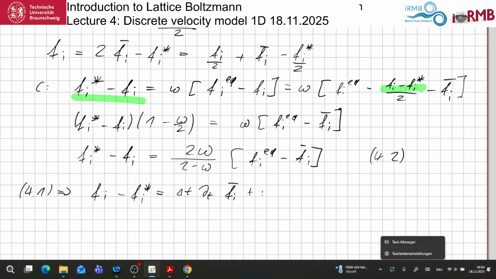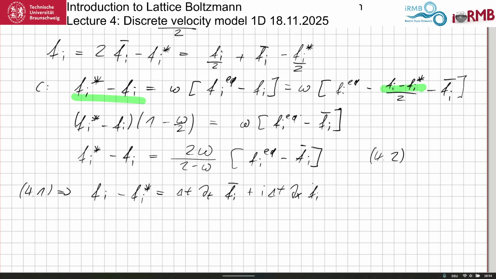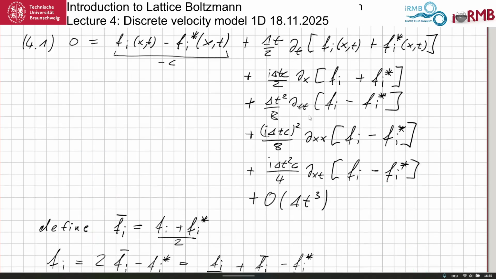So we get I times delta t d_x, and of course, fi over bar plus delta t square divided by 8, and now we get this second derivative in time. Now let me briefly go back.